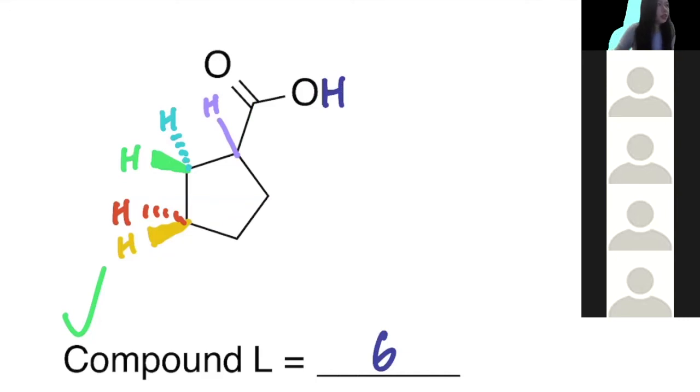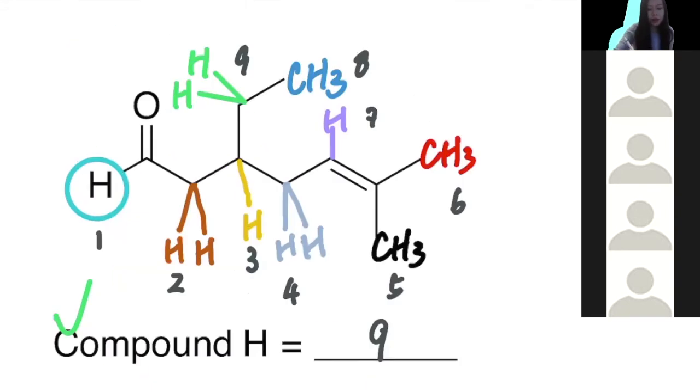Okay, there's a question: the double bond is the reason why the hydrogens have different environments in compound H. Do you mean this 8 and 9, for whoever is asking? Matthew, okay, there is a double bond and a double bond cannot freely rotate. Think about if this is a single bond.